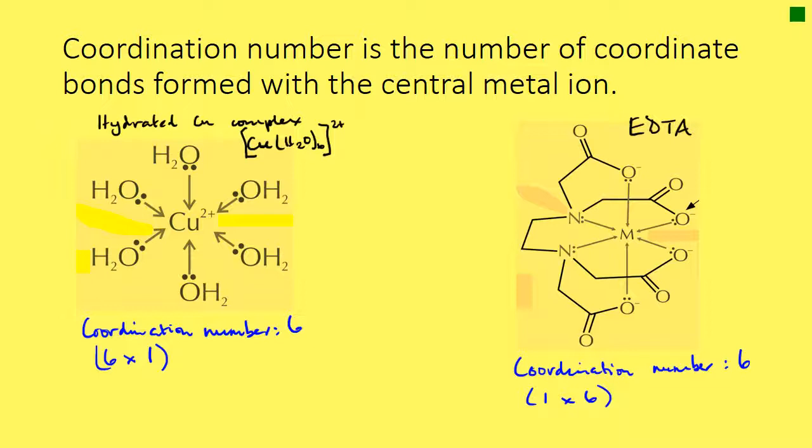But the coordination number ends up being the same. Okay, so there's a couple of examples, and our coordination number in the previous slide was also 6, provided by 3 molecules, each of them being bidentate ligands, i.e. giving 2 coordinate bonds each, 2 times 3 being 6.